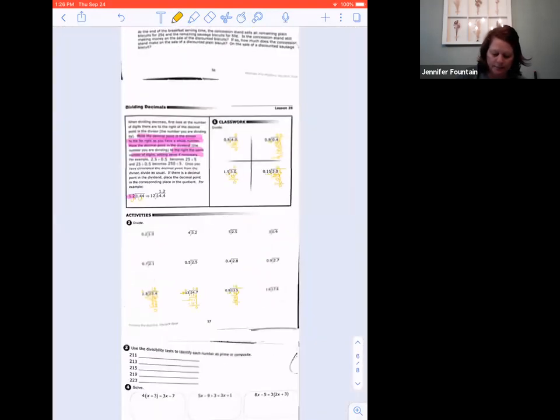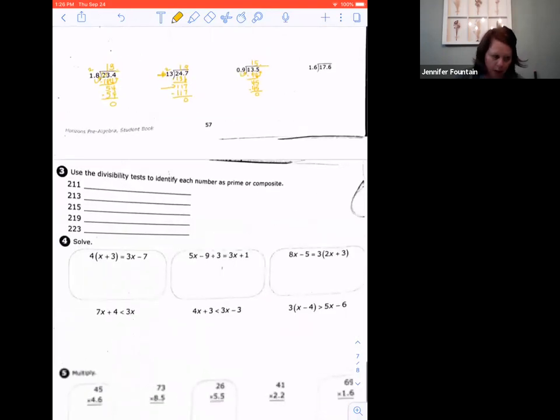All righty. So we have multiplied decimals and divided decimals. Now, looking at our lesson sheet, in this section we've still got powers of 10. It is almost time for break.